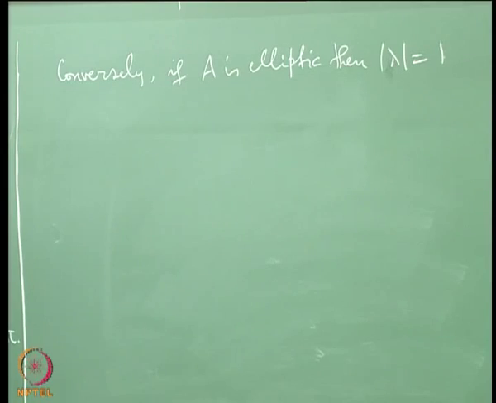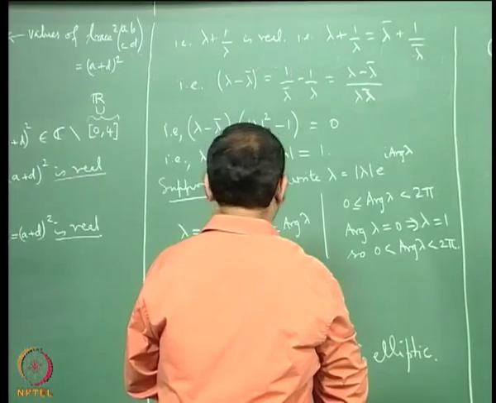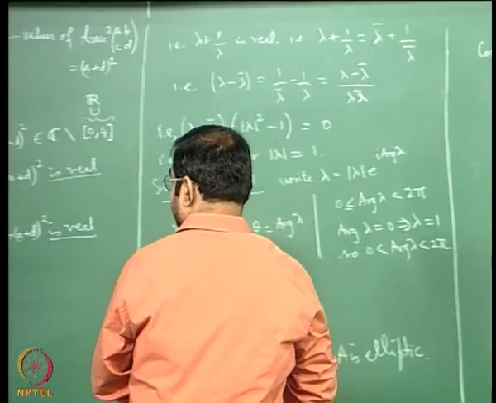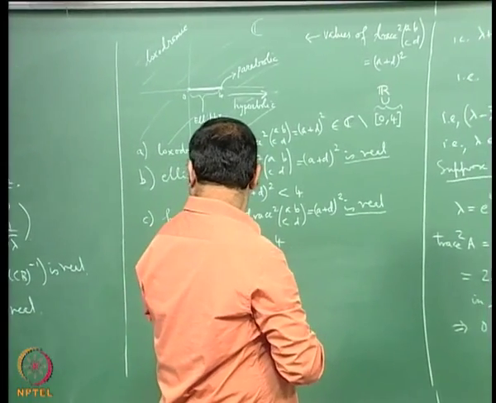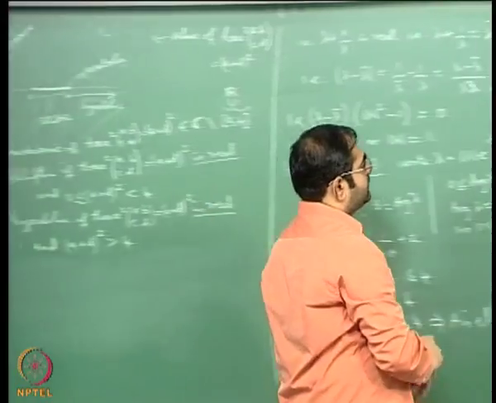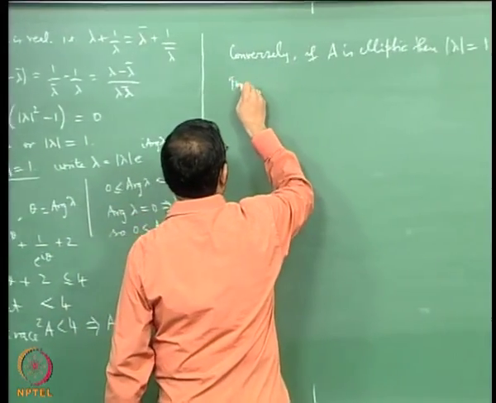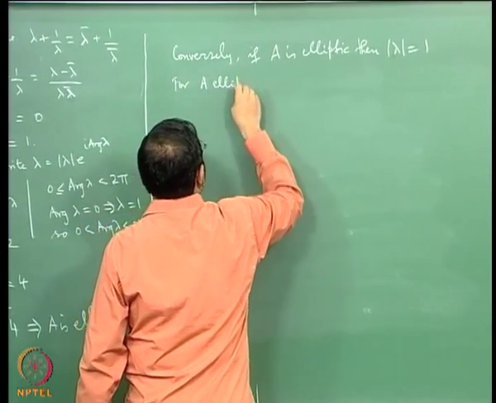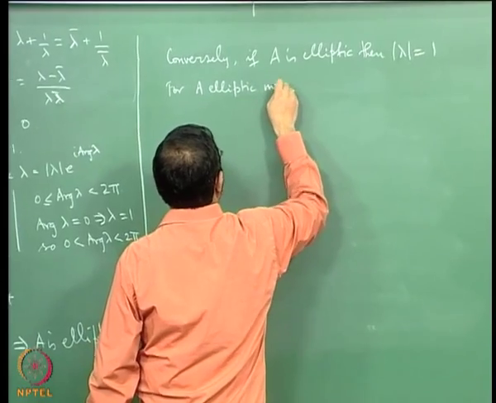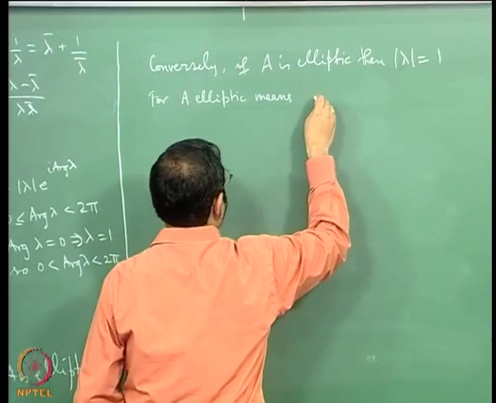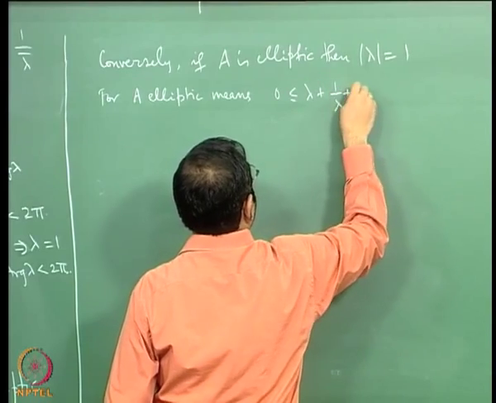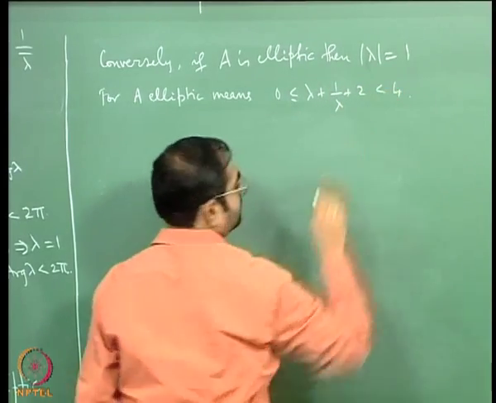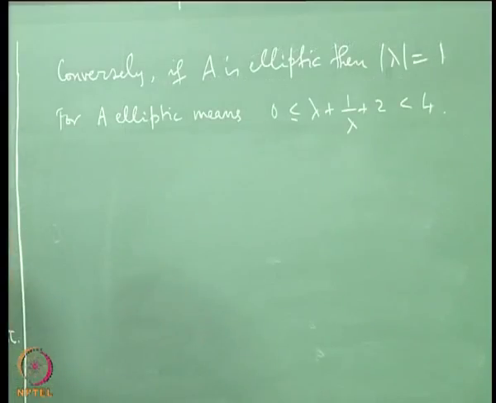Why? Because of the following reason. A elliptic means, you see, 0 less than or equal to lambda plus 1 by lambda plus 2, strictly less than 4, alright, that is what it means.